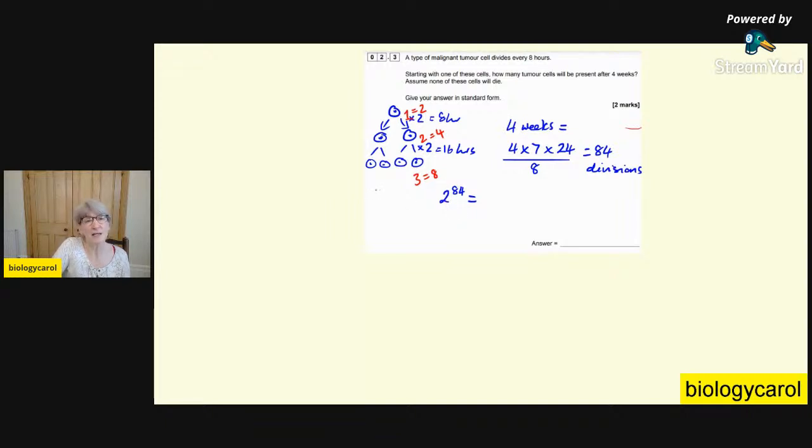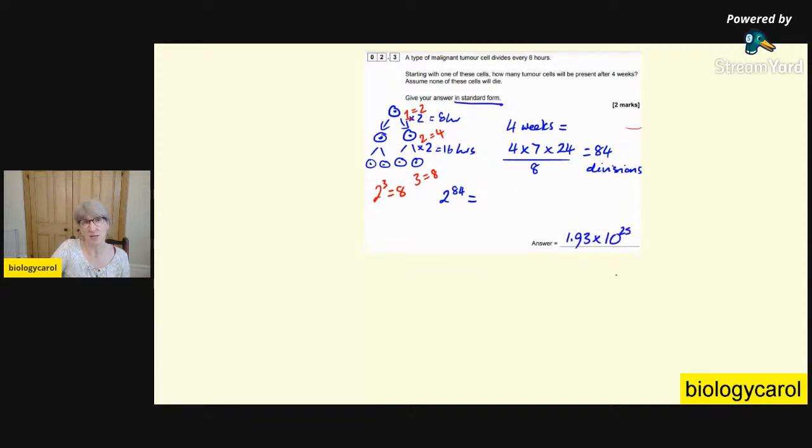Notice that 8 is 2 to the power of 3. 2 times 2 times 2. Yeah? 2 squared is 4. 2 to the power of 1 is 2. So to get the number of cells that you'd have after 4 weeks, you've got to do 2 to the power of 84, which is a frighteningly large number.